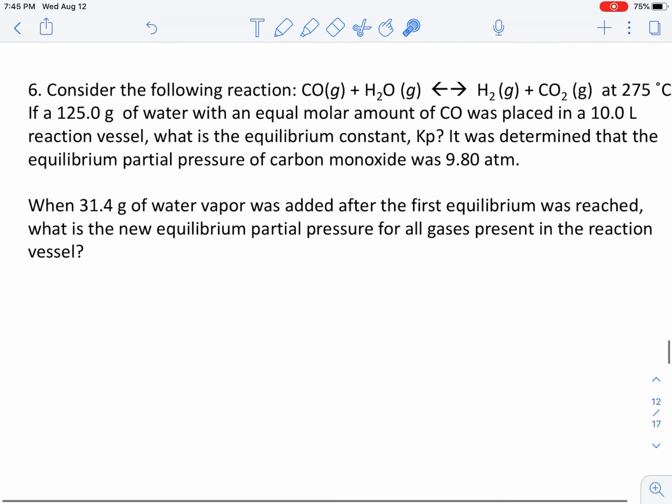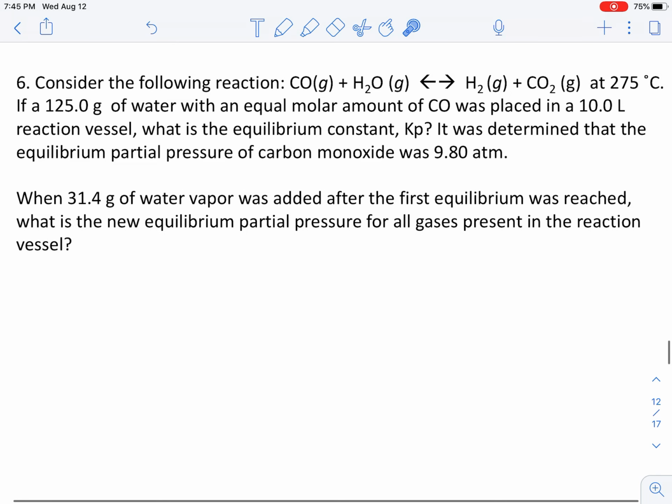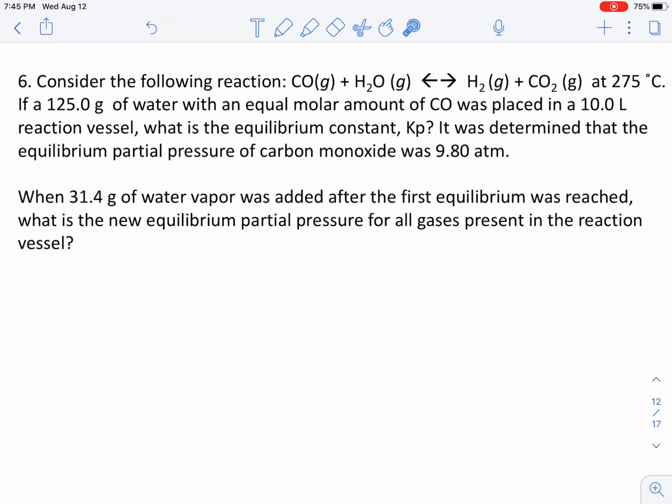Okay? So that's a common thread between problem 5 and problem 6. So the only difference is that this time the value represents the equilibrium partial pressure, which is 9.80 atmospheres. And so what we're looking for is the equilibrium constant Kp.